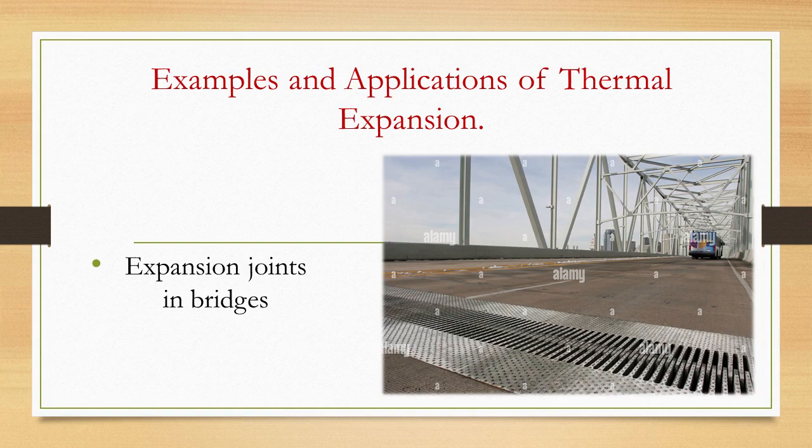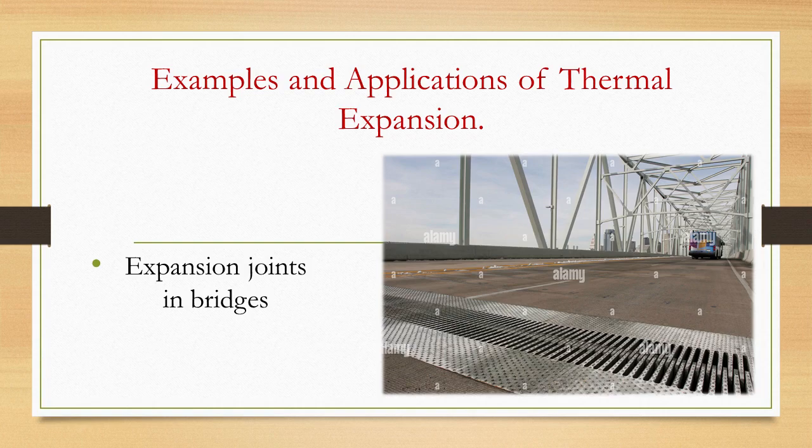To avoid this, there are expansion joints. Expansion joints are designed into the bridge so that the bridge sections can expand freely without buckling, without bending. So this is another example of thermal expansion.